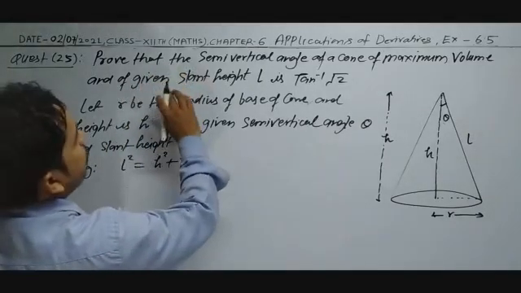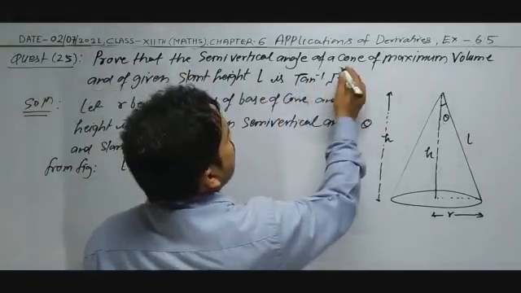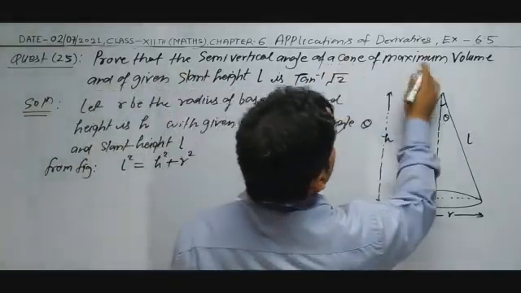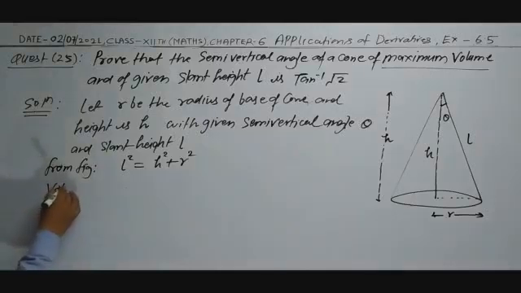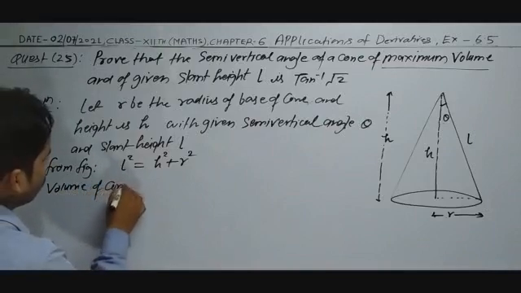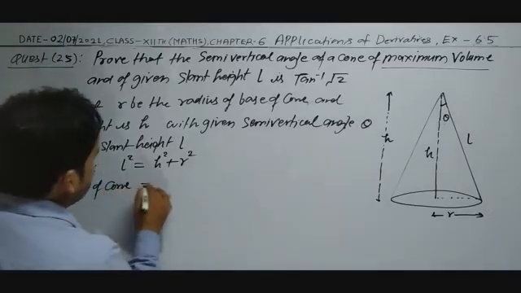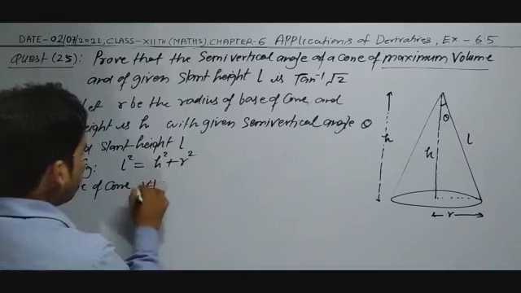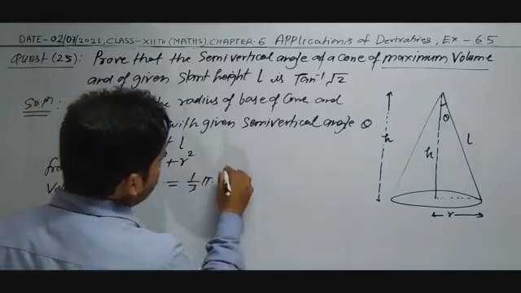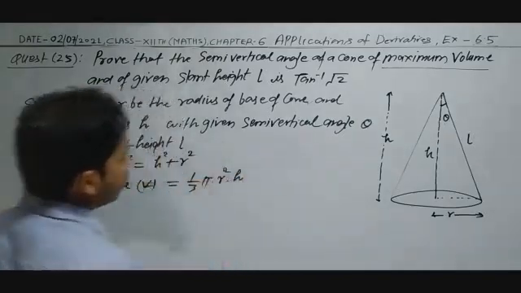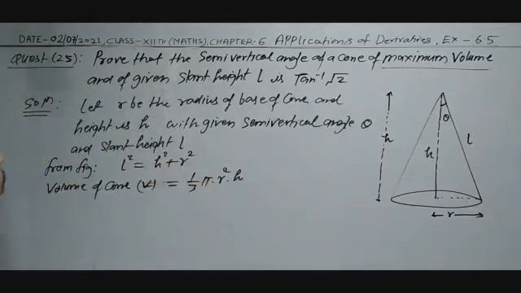So in this question, we want a cone of maximum volume. The volume of the cone, suppose V, is equal to 1 by 3 pi R square H. This is the volume of the cone.